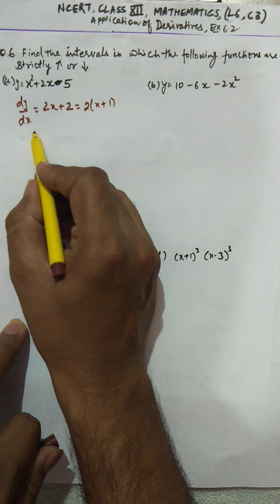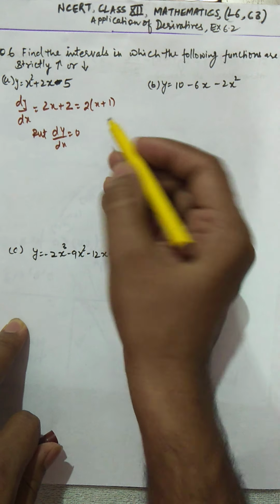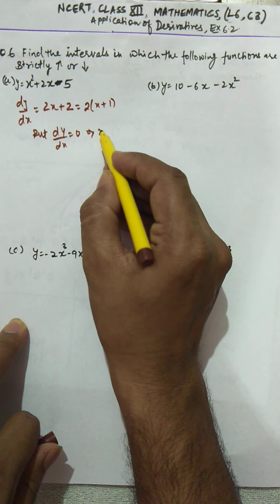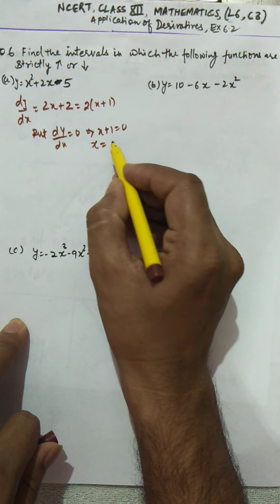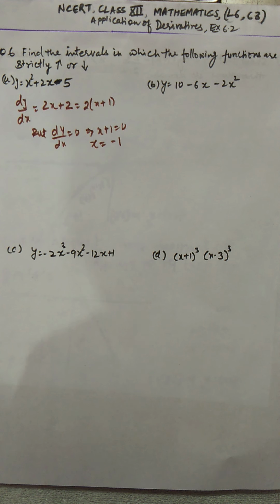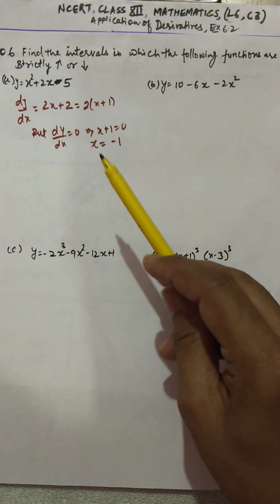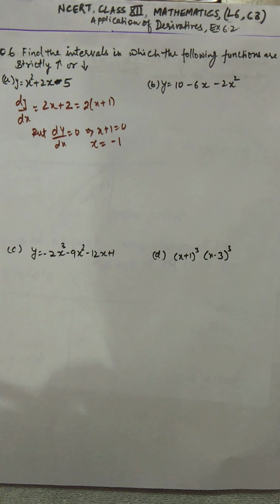Now we put dy by dx equal to 0, and we get x plus 1 equal to 0, and as a result I am getting x equal to minus 1. So x equal to minus 1 is called the critical point, where the tangent or dy by dx is 0.